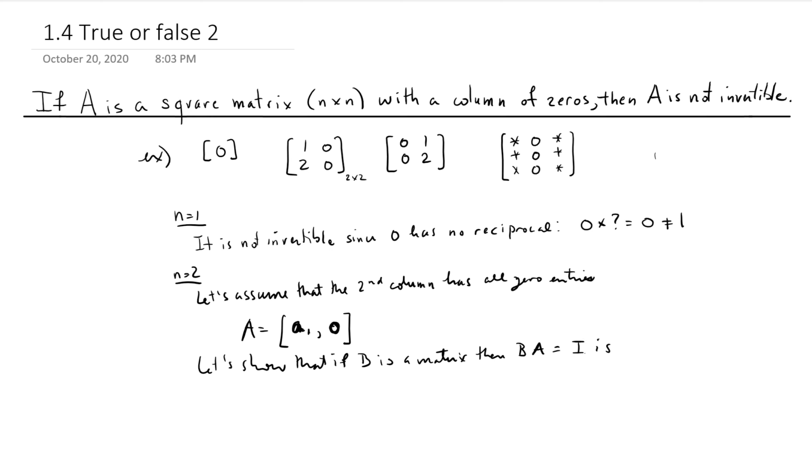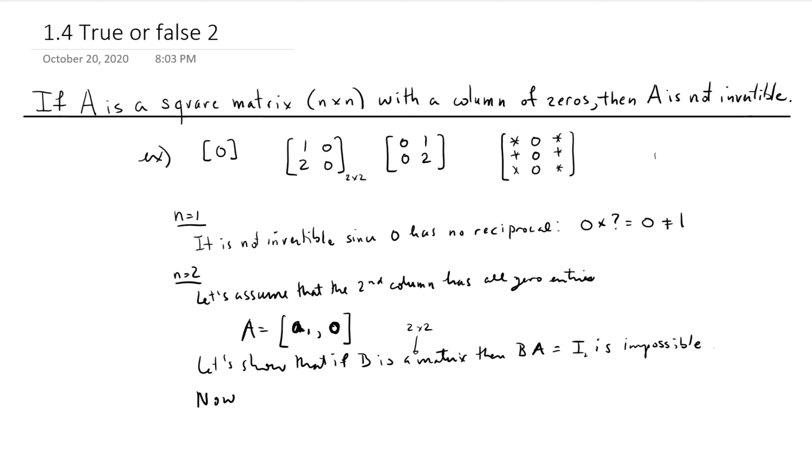When I write I here, it's I2. So there's no inverse. I need BA and AB equal to I. I'm just going to try to show that BA equal to I is not possible.